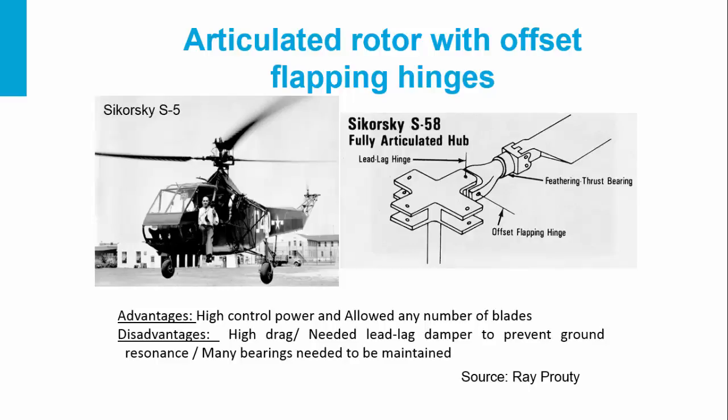The blades in an articulated rotor can move up and down, they can flap, they can move back and forth in a horizontal plane, they can lead-lag, and they can change in pitch angle, so tilt of the blade. Here you see, for example, the Sikorsky S-58, the fully articulated helicopter, with a classical flapping hinge, the feathering hinge or the pitch hinge, and the lead-lag hinge.